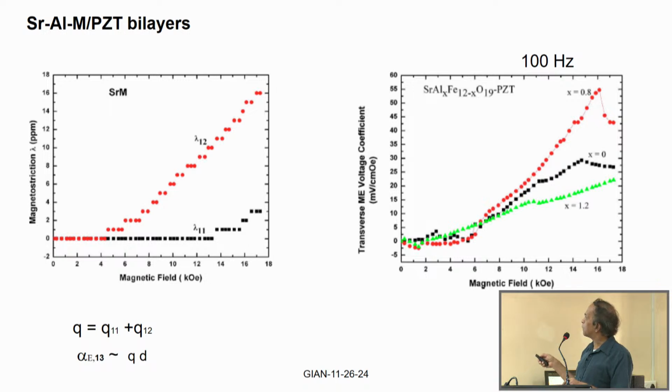That is why compared to pure strontium ferrite, and these 0.8, it shows a much higher value. But overall, the value for the voltage coefficient is rather small, but look at the bias field for this maximum value, it is 15 kilohertz.